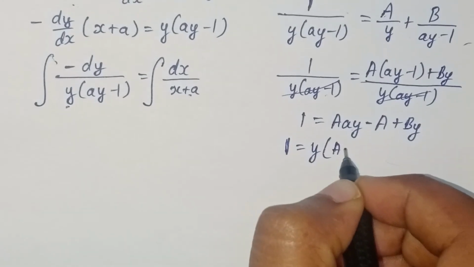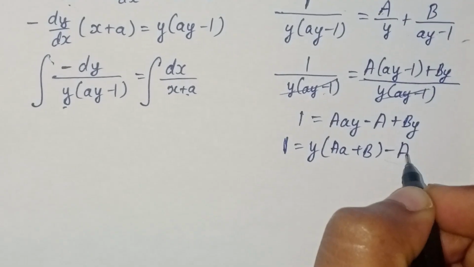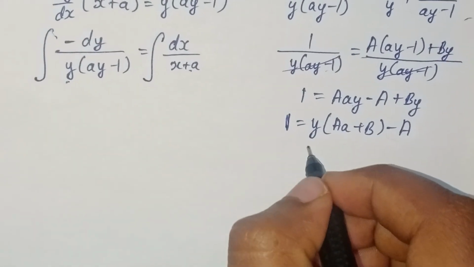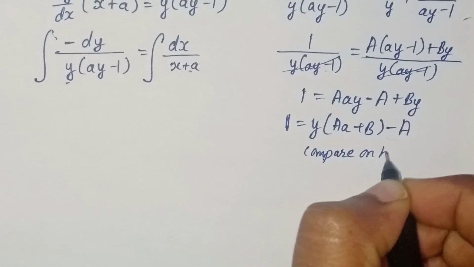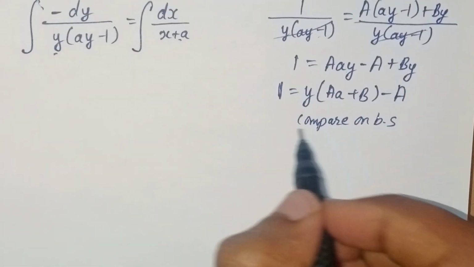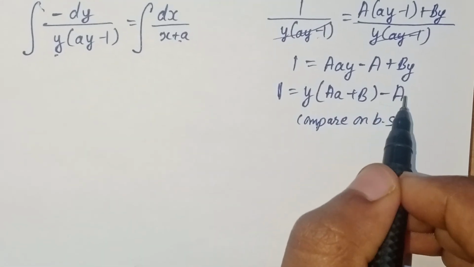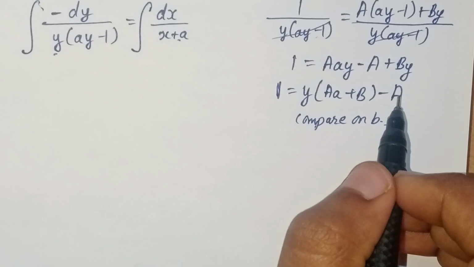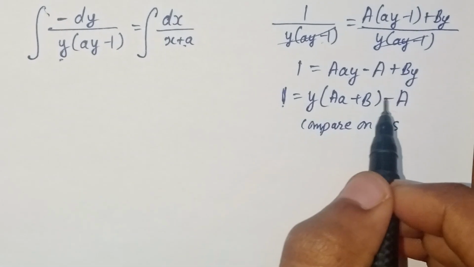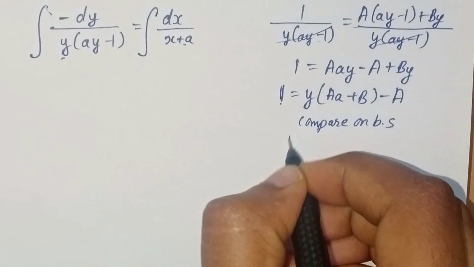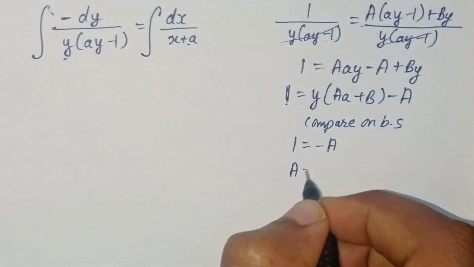Then we get 1 equals y(Aa plus B) minus A. Now we compare both sides. Here we have the constant minus A, and on this side we have only 1. So 1 equals minus A. Then we get the A value as minus 1.